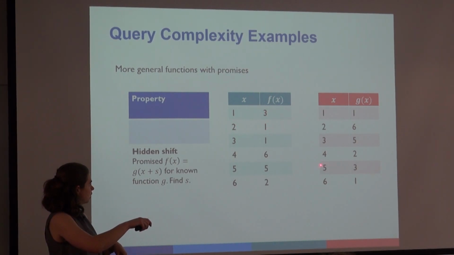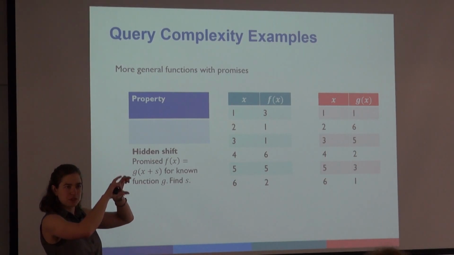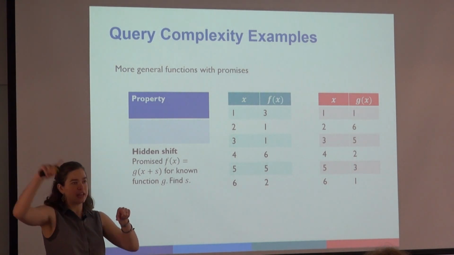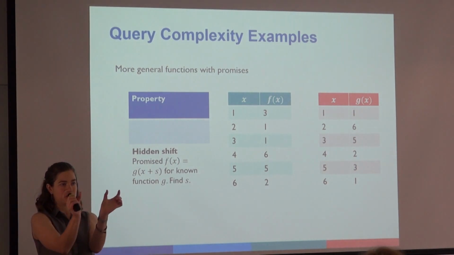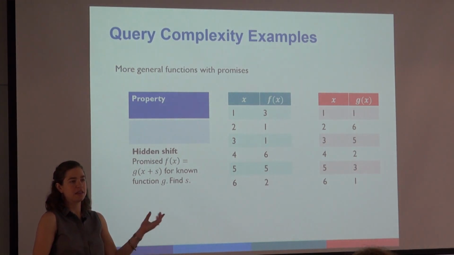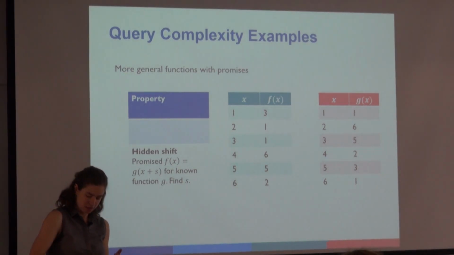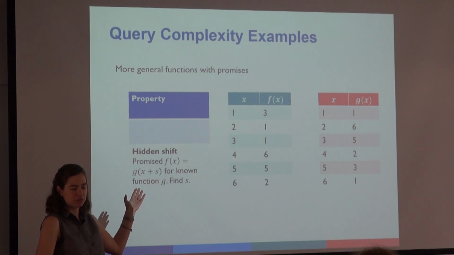But down here, 5 goes to 3, 6 goes to 1. These two functions are just shifted from each other in x. They're basically the same function. They have the same shape if you drew them out, except shifted from one another. The question is, what is that shift? So you know G, and you want to find what the shift is in x.